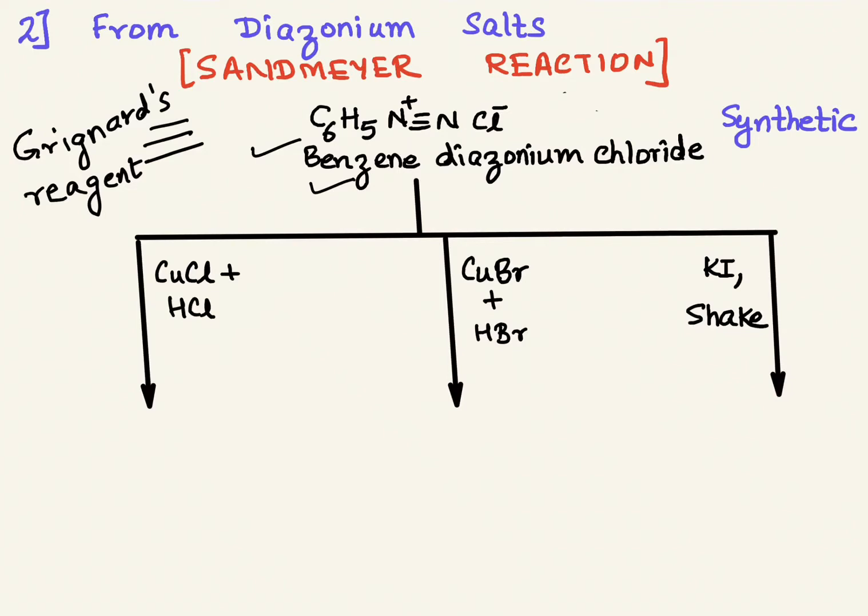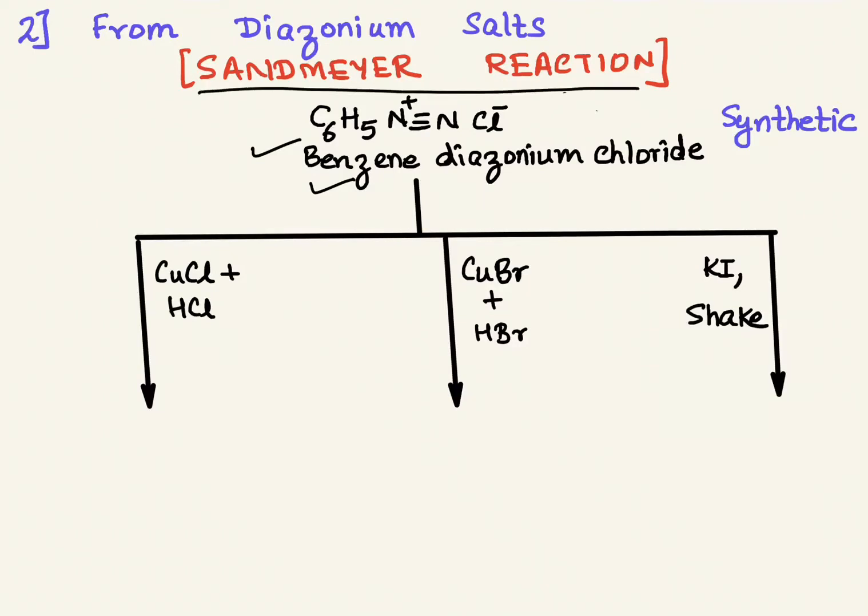Just like from Grignard's reagent you can prepare a large number of aliphatic compounds, so can you prepare aromatic compounds from benzene diazonium chloride. Now, this reaction was actually a chance discovery by a scientist by the name of Sandmeyer. That is why we call this reaction the Sandmeyer reaction. Initially, it was just the halogenation reactions, that is treatment with CuCl or CuBr, which were classified as that.